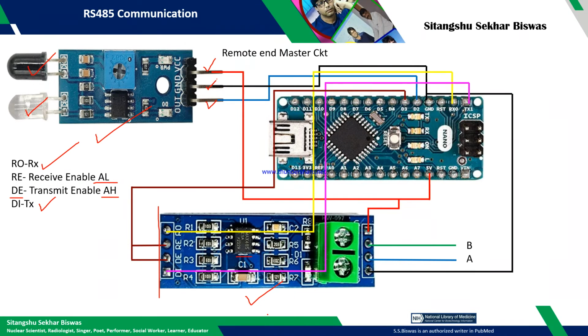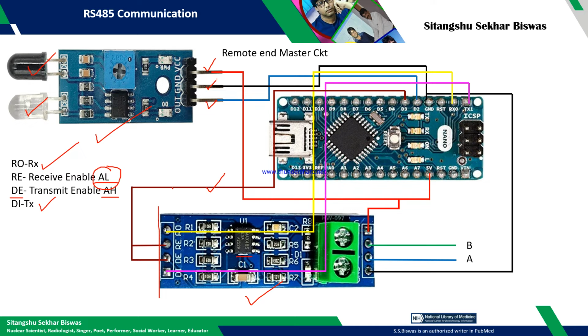So if I make this D3 pin high, then this device will transmit the data, and at that time RE will be in opposite logic, so there will be no receiving.